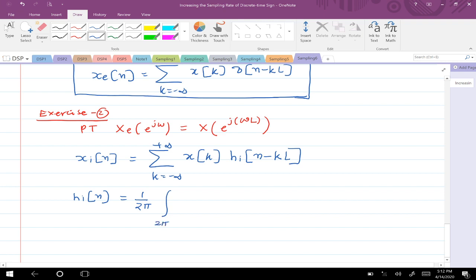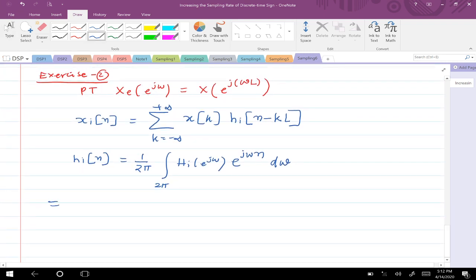So you integrate it over a period of 2 pi, that being a continuous variable, and you take Hi of e power j omega times the complex exponential e power j omega n, and the output is in terms of n, so my integration is with respect to omega. So this is the expression.